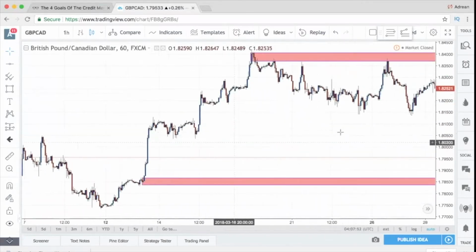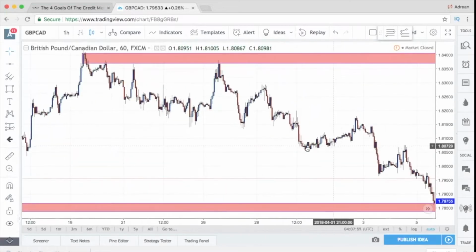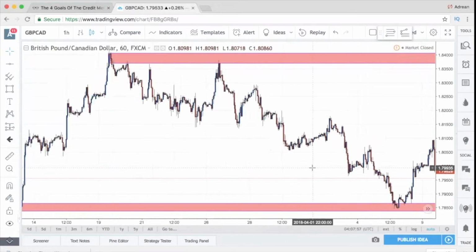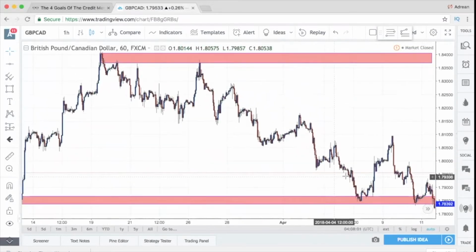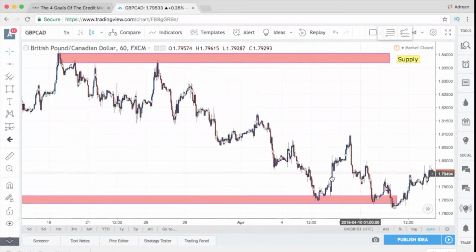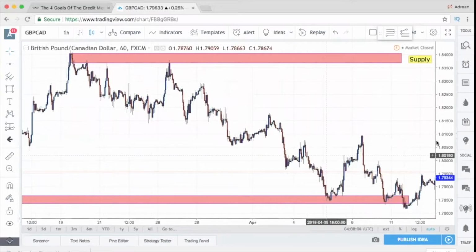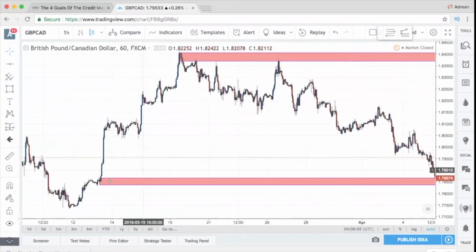So if we look over to previous time, we can see where the market has hit prior to that and what bounced off, because that was a major area in which it was a hard time for the market to break. And that's what you want to find whenever you're looking for supply and demand zones.